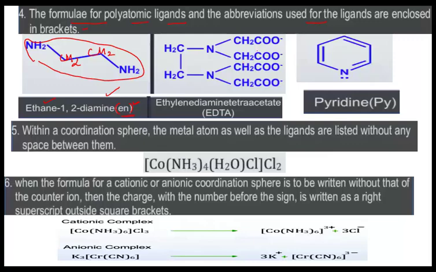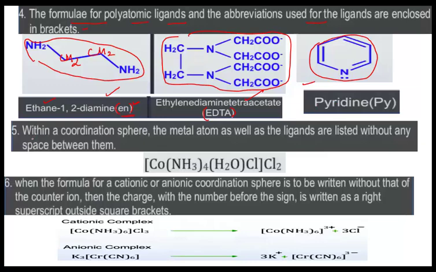Now another example, EDTA, that is ethylene diamine tetraacetate ion. Instead of writing this structure, we will simply write EDTA. So it is understood, but it has to be enclosed within brackets. For pyridine it will be py instead of writing this structure. Okay. So this is rule number 4.